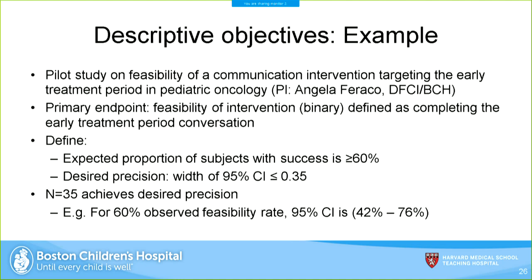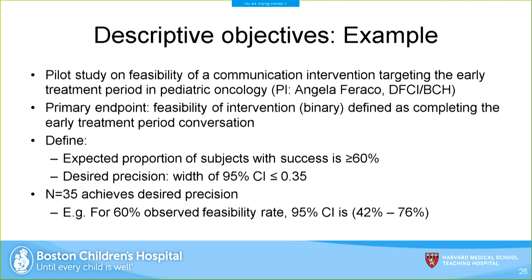When talking to the investigator, we expected the proportion of subjects to have a success rate of 60% or more, and we wanted a confidence interval width no greater than 35%.